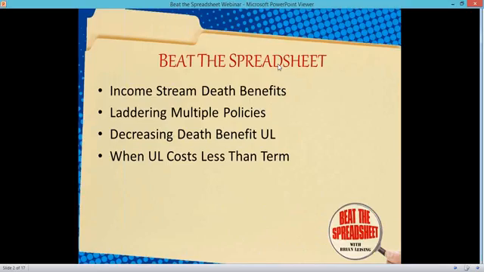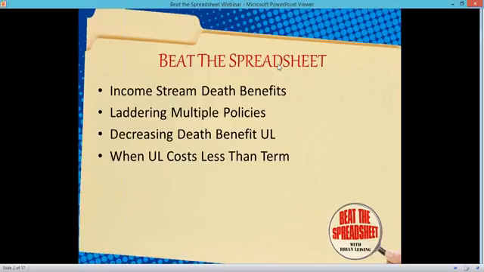We've got 4 main ideas that I'll be discussing. And again, these are all ways that you can come up with prices below anything you're going to see on any company's comparison spreadsheets out there. We're going to discuss how you can use an income stream death benefit to lower the prices, how you can ladder multiple policies to lower the price.